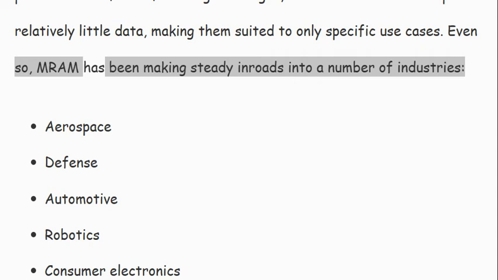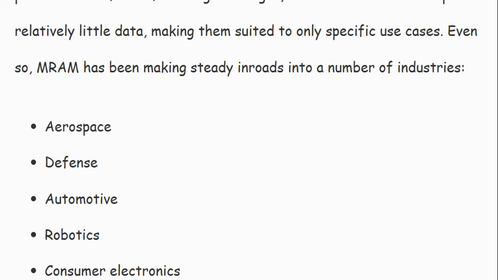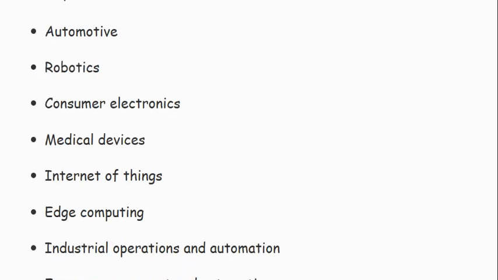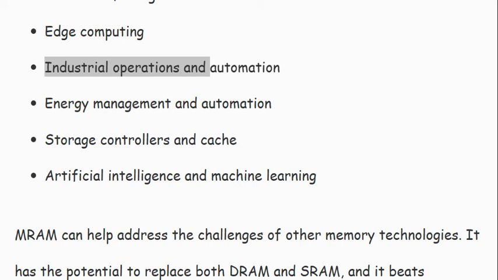Even so, MRAM has been making steady inroads into a number of industries: aerospace, defense, automotive, robotics, consumer electronics, medical devices, Internet of Things, edge computing, industrial operations and automation, energy management and automation, storage controllers and cache, artificial intelligence and machine learning.